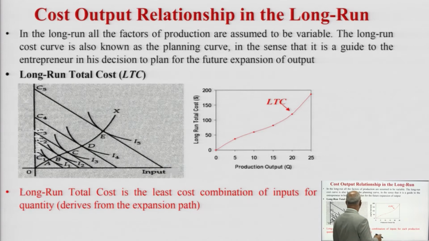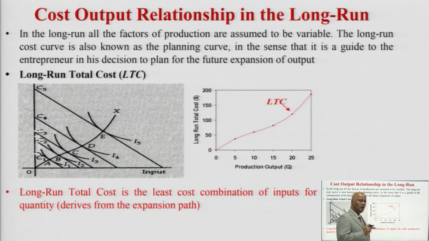Now, this long run total cost curve is derived from the expansion path. And now the question is, what is an expansion path? If you remember, in the producer's equilibrium that we have discussed, there are two concepts.